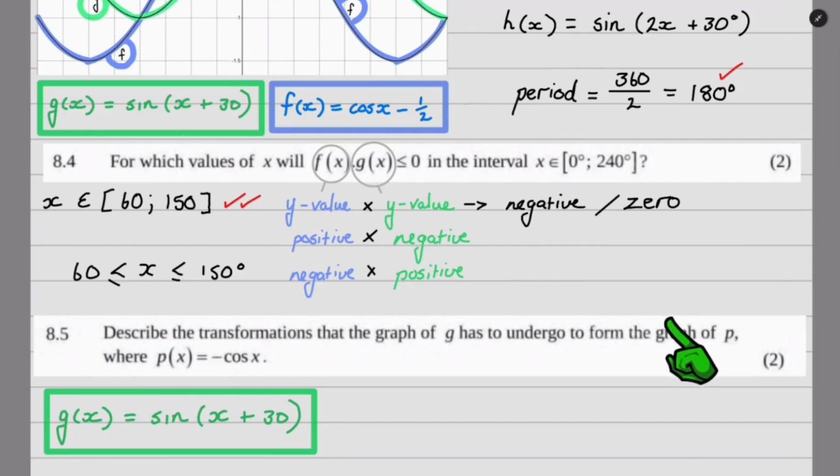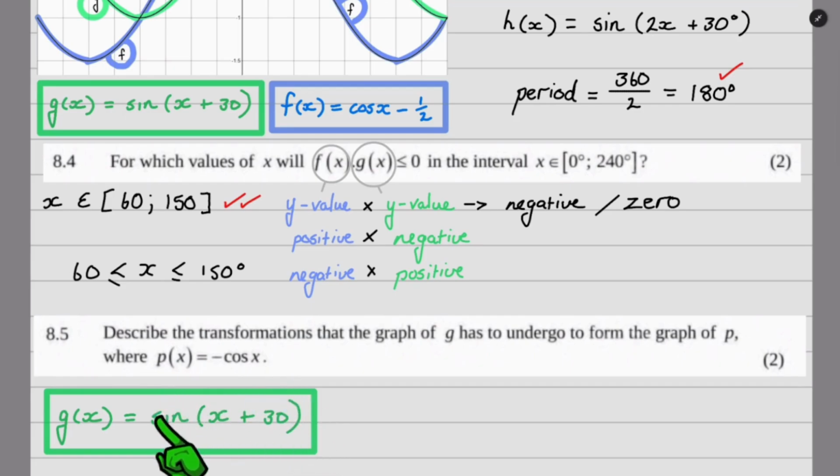And now the last question asks to describe the transformations, which implies there's more than one, that the graph of G undergoes to transform to the graph of P, which has this equation. So I'm going to take more of an algebraic route here. You can use a graphical route as well.